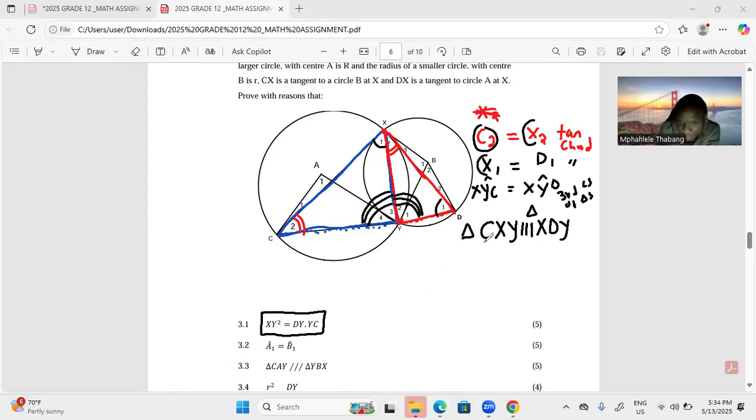So here I will say CX, I pick the first two here, XD equals, I'm picking the last two, XY over DY equals, the first and the last, CY over XY.